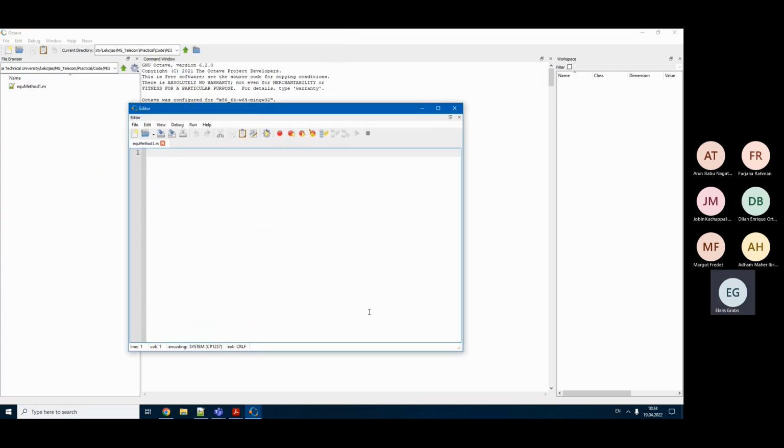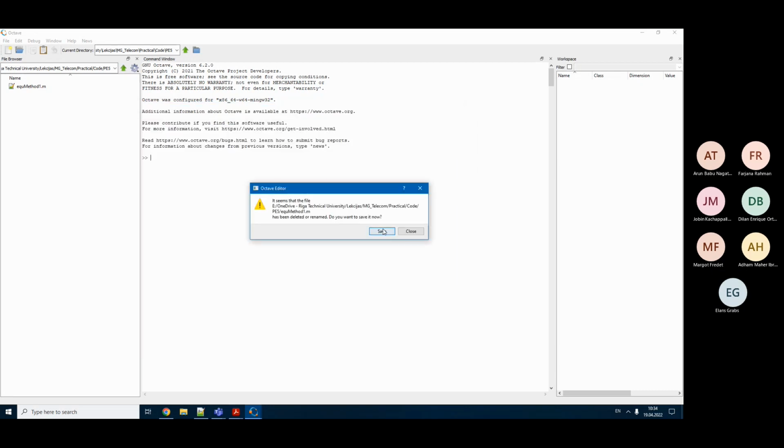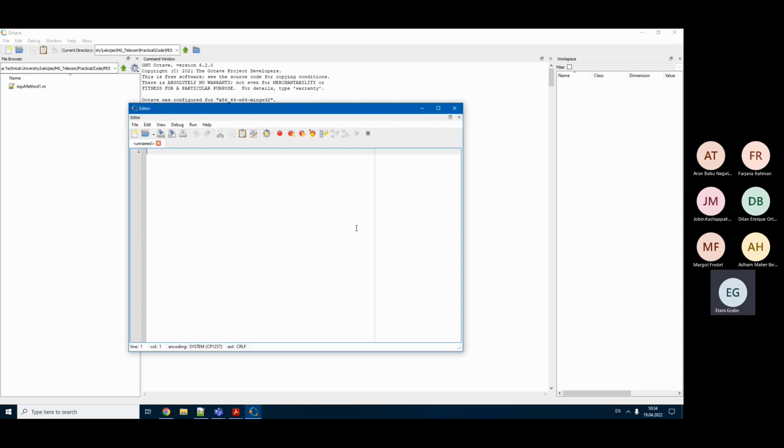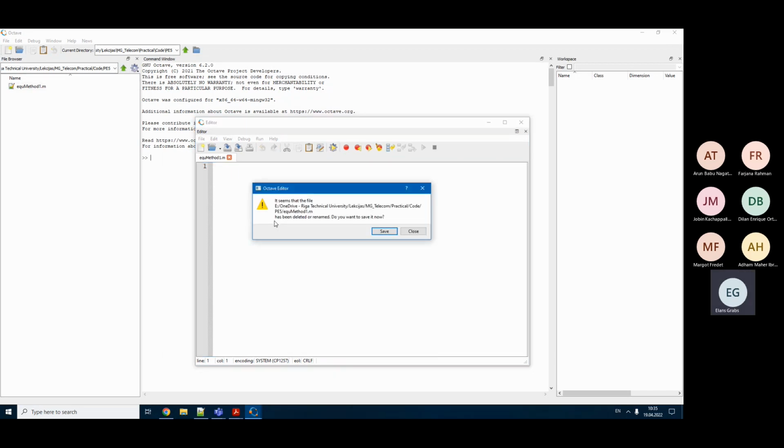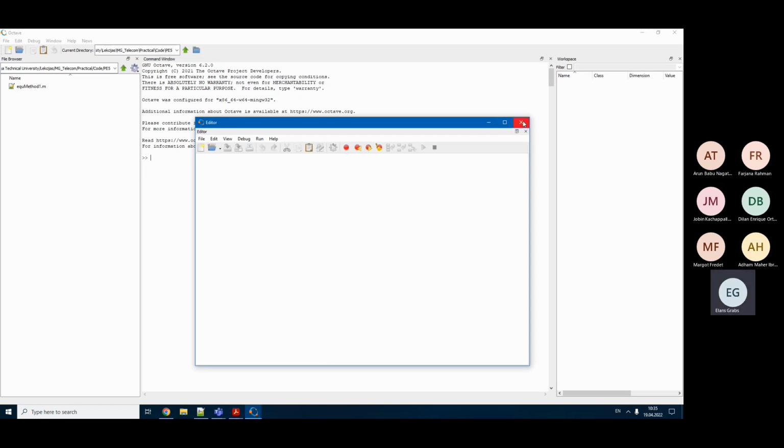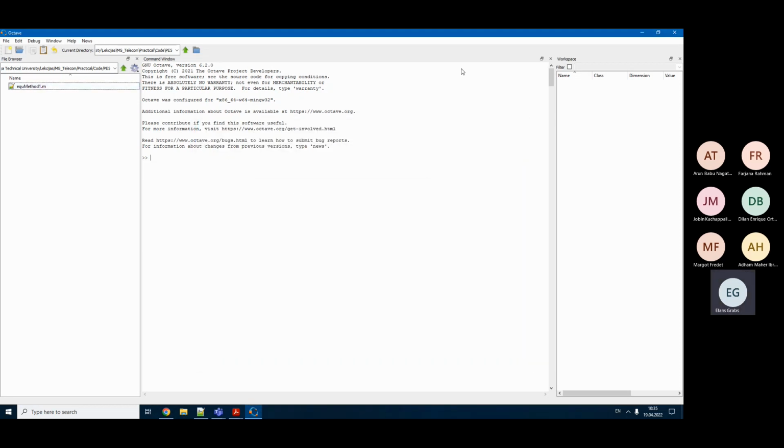What's happening? Why is it not working? Okay, close, and then open it again. Some cloud issues. I think MATLAB is okay, but Octave is open source software and might not work so well with clouds sometimes, but nothing terrible. I think I should restart Octave.